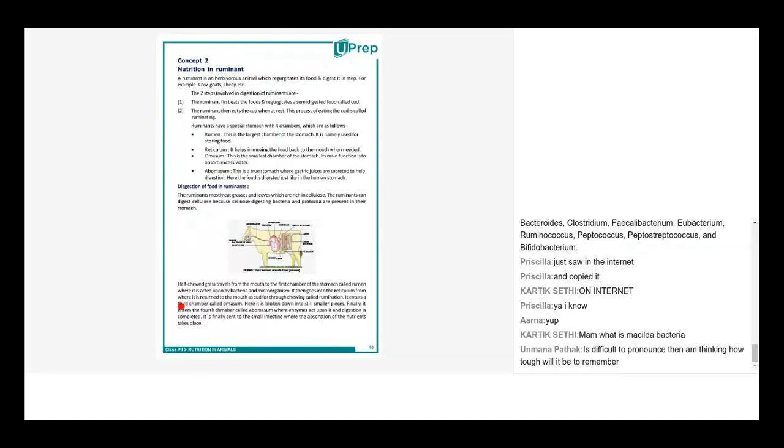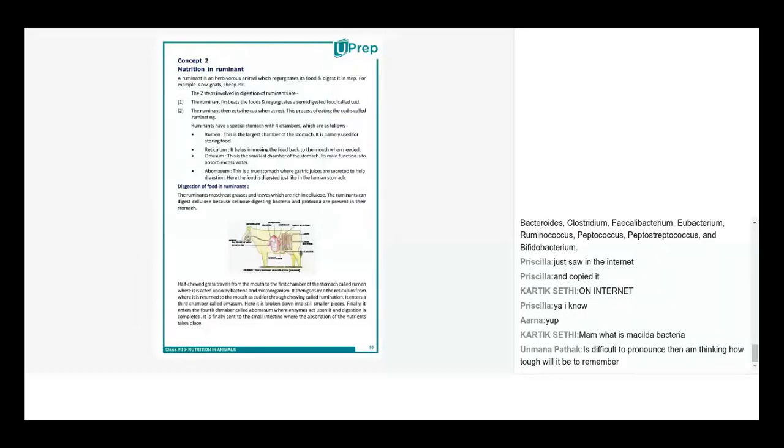Then it enters the third chamber called omasum. Here it is broken down into still smaller pieces, right? Finally, it enters the fourth chamber called abomasum, where enzymes act upon it and digestion is completed. It is finally sent to the small intestine where the absorption of the nutrients takes place, just like in human beings.